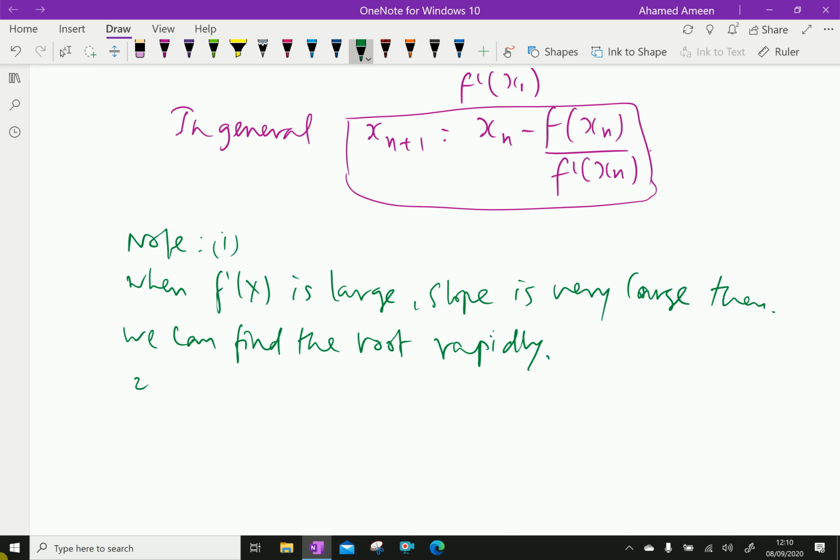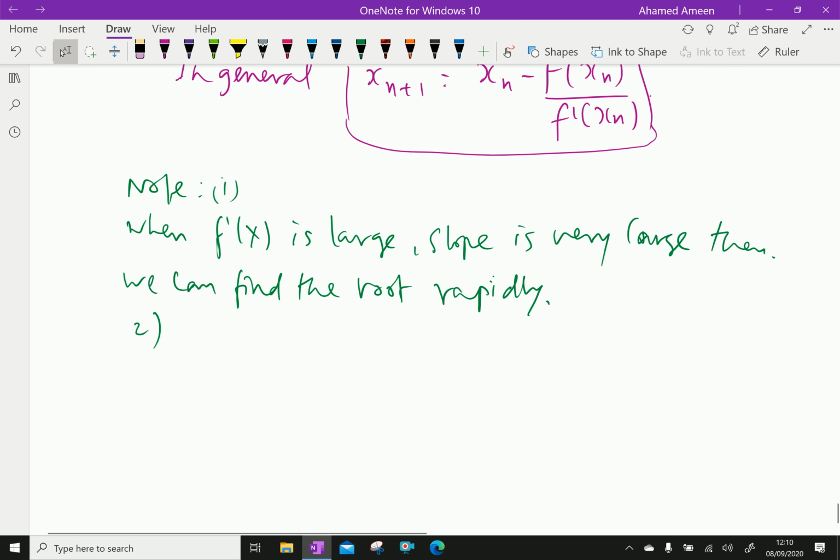Then second, if f dash of x equals 0, then the formula fails. It fails. Means this formula fails.